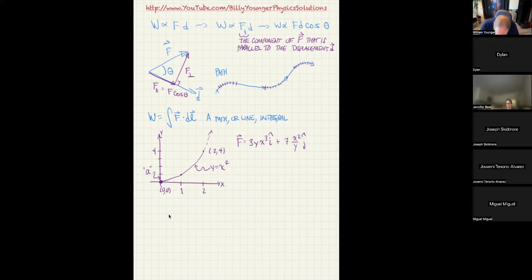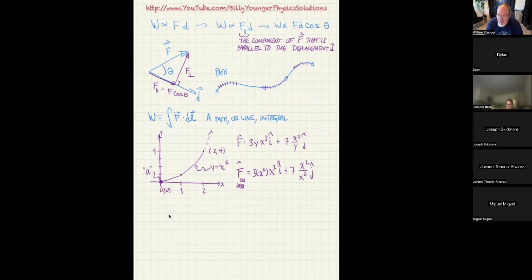So now I will say F on path is equal to 3 times x squared times x cubed i hat plus 7 x squared over x squared j hat.